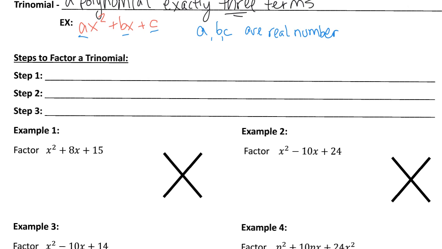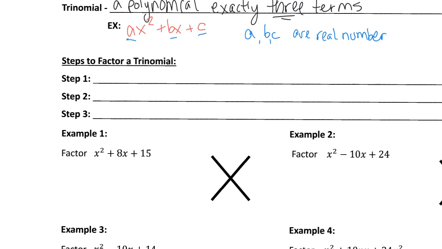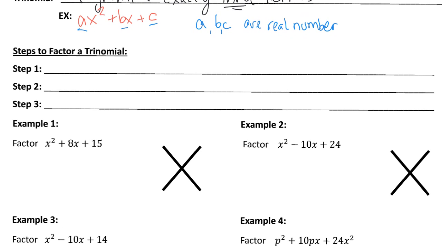Okay, so maybe previously you've talked about things called sum puzzles or things like that, okay? A sum puzzle is this x here in this example, and I'm going to explain that a little more. But our first step is to simply find factors to complete the puzzle.